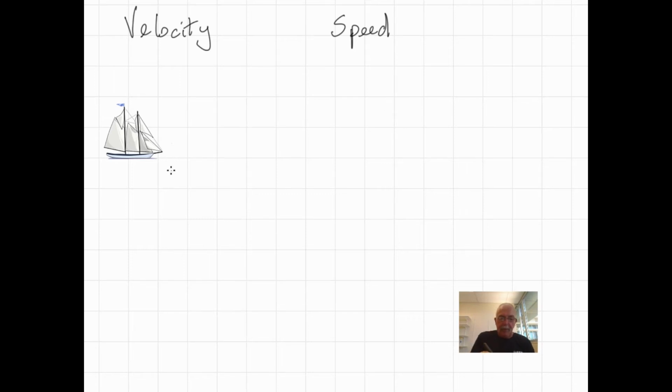So say this boat here is trying to get to, on the other side of the river, some sort of jetty, and we have a current that is flowing, if we say north is at the top, in a southerly direction.